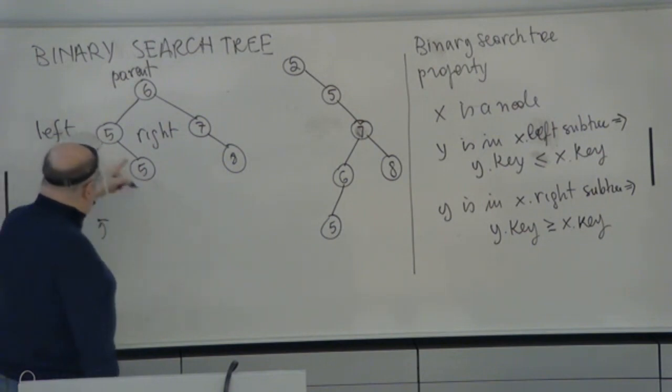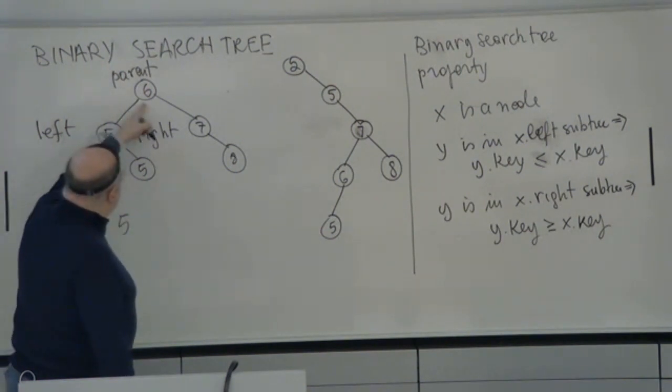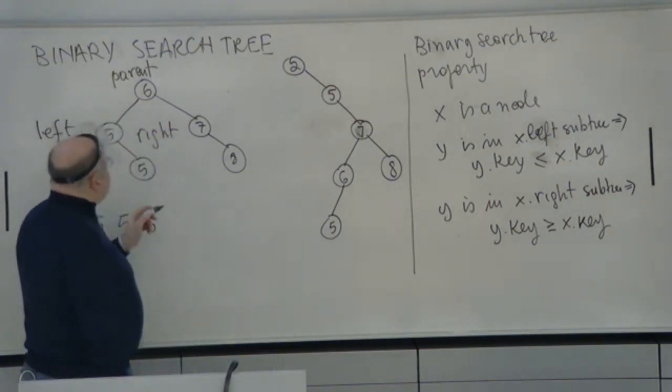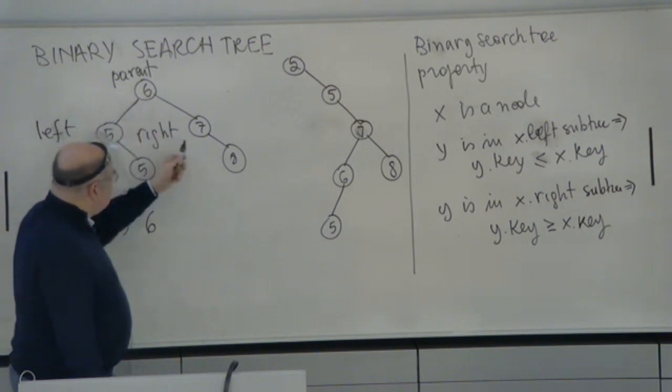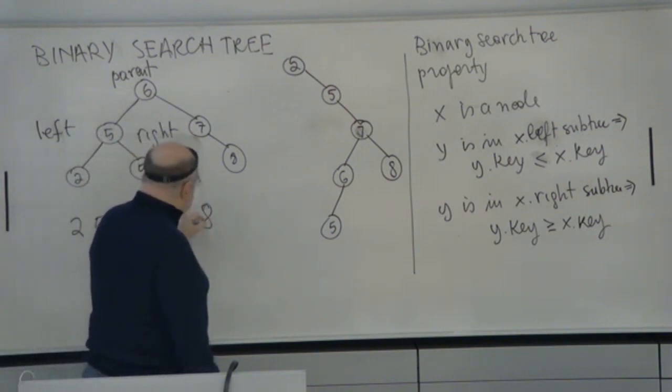And then you go back, and you print first this one, and then this one, and then you print 6, because you are done with the left sub-tree of 6. Then you go down this way, and then you print 7 and 8.